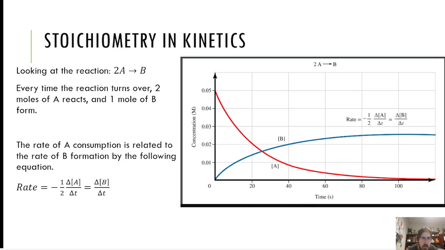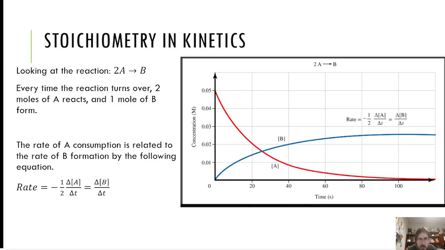Now, looking at a generalized reaction, 2A goes to B. In a simple reaction like this, the stoichiometry still holds true. For every time the reaction happens, 2A goes away and 1B gets formed.